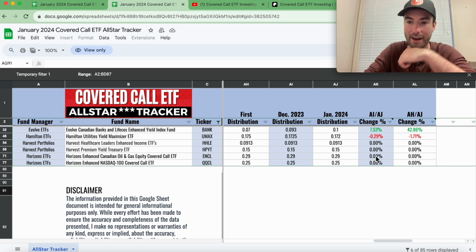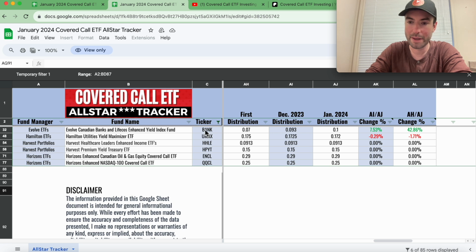Okay, so we see that again, month over month, things like QQCL, ENCL, HPYT, and HHLE have not grown. A slight distribution cut month over month from December to January of 0.29% from UMAX.